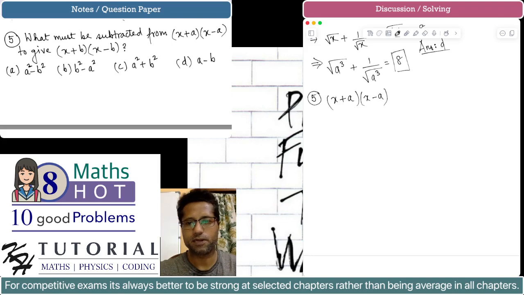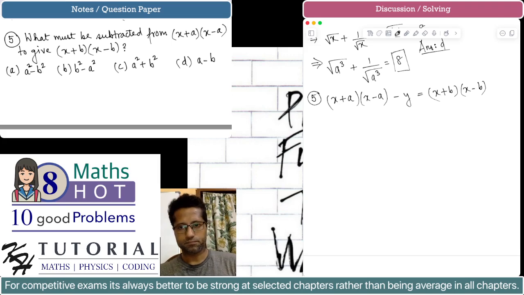What must be subtracted? Let the expression that will be subtracted be y to give x plus b multiplied by x minus b. Okay, so we have assumed that the expression that needs to be subtracted is y.